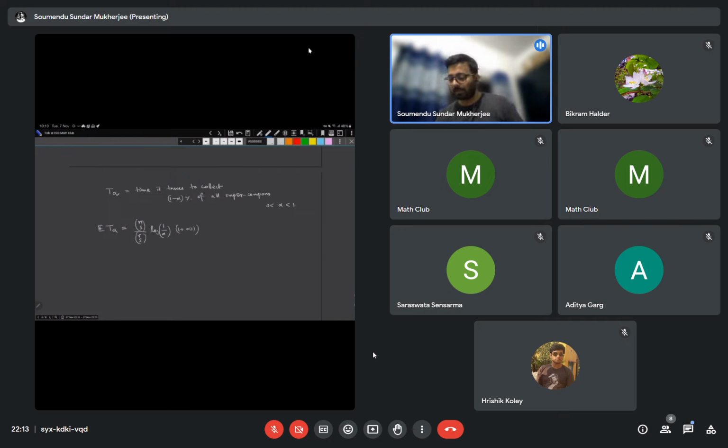And again, it is our conjecture that T_alpha in this case, suitably normalized, where you have to subtract the mean, converges to a standard Gaussian.